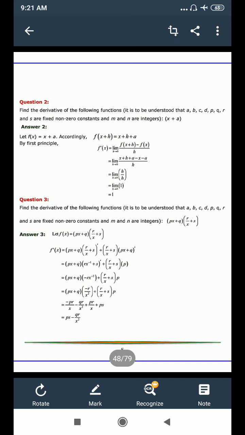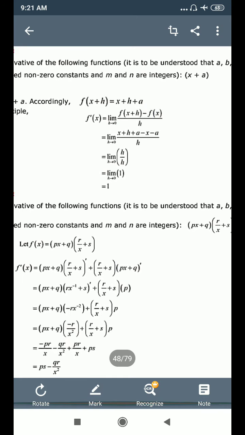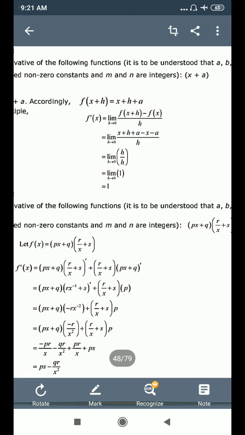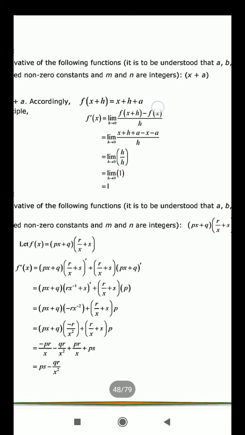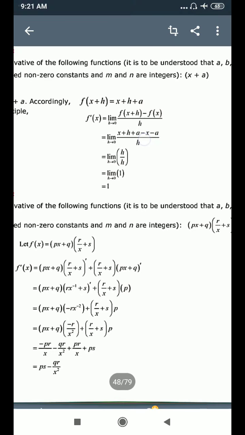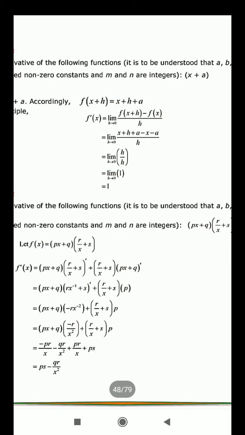So in first principle, f dash x is actually limit h tends to 0, f(x plus h) minus f(x) divided by h. Replace f(x plus h) by x plus h plus a, f(x) by x plus a. So as negative sign is there, it will be minus x minus a. So x and a are cancelled out with this x and a. You are left with h upon h, and that would be 1 only.